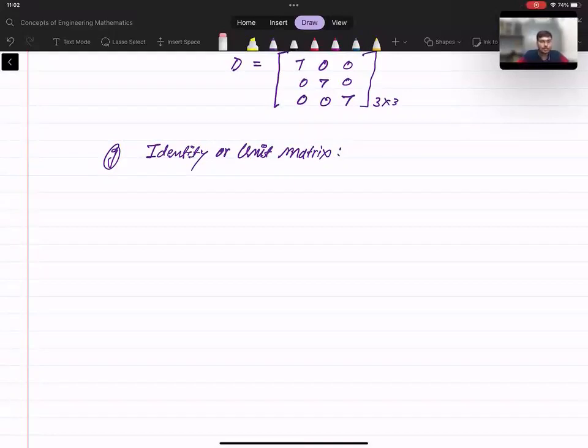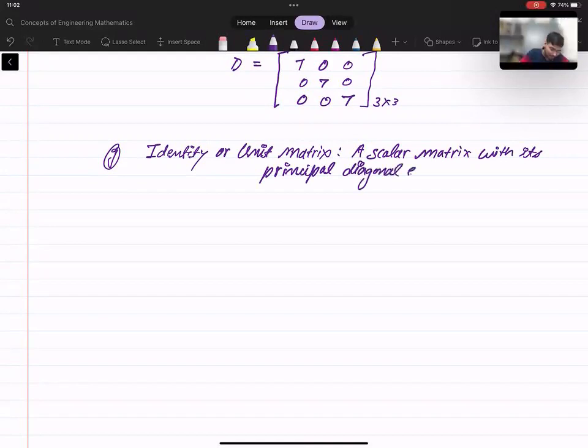So this is a scalar matrix with its principal diagonal elements equal to 1.